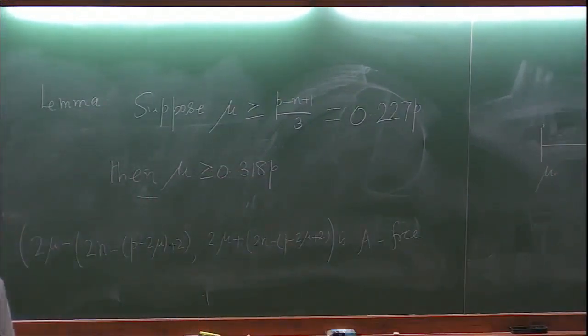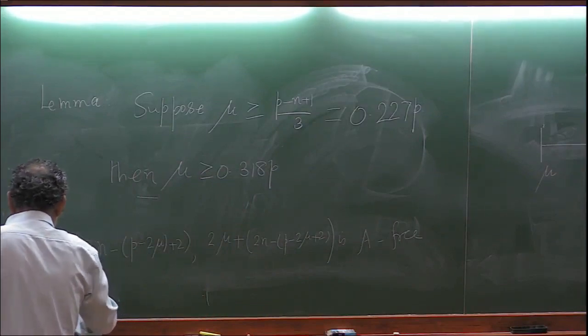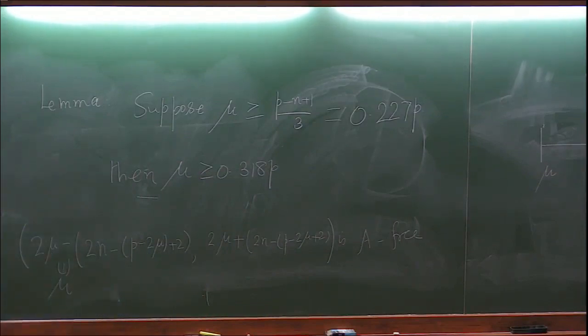And you can check that mu lies in this interval. But mu belongs to A, and therefore that gives you a contradiction. Therefore, from that, we prove that if mu is already bigger than 0.227, then we are already happy.